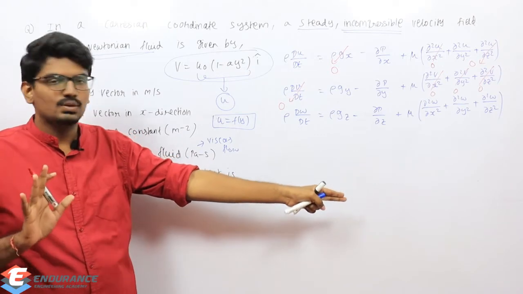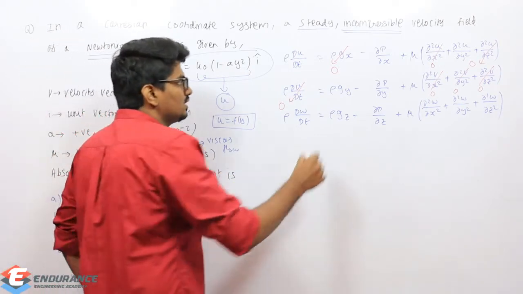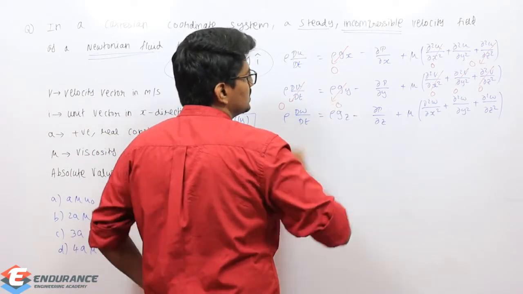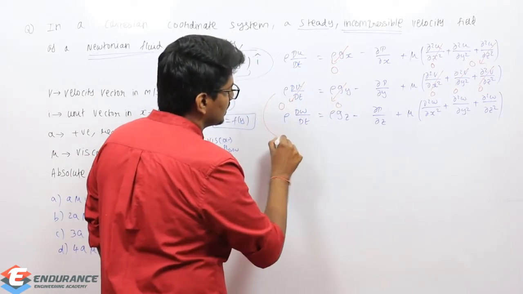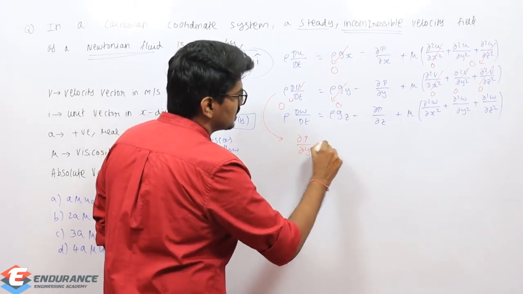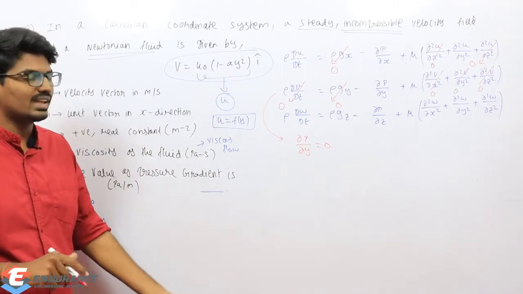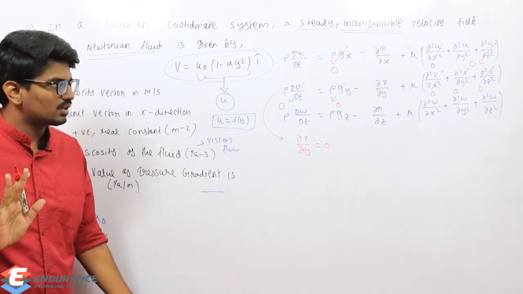I hope you understand what I am saying, but now they didn't mention anything, so no issues, it will become 0. So what is it indicating? The pressure gradient in the y direction is 0, dou p by dou y is 0. Clear, right? I hope it is clear now.